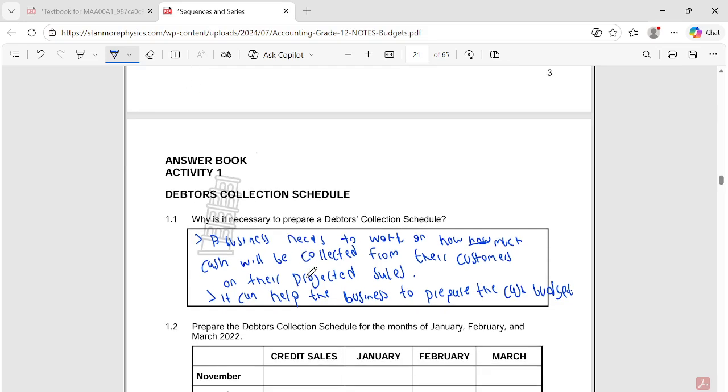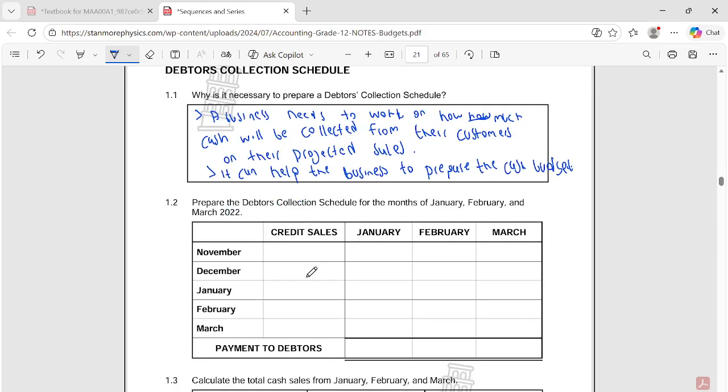Now in this case we are asked to prepare the debtors collection schedule for the months of January, February and March. We are given information from November, December, January, February and March, meaning you have to calculate our credit sales.